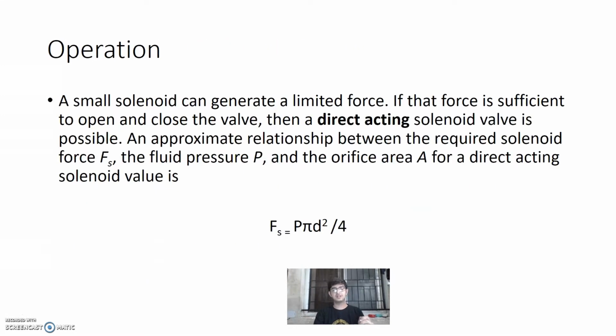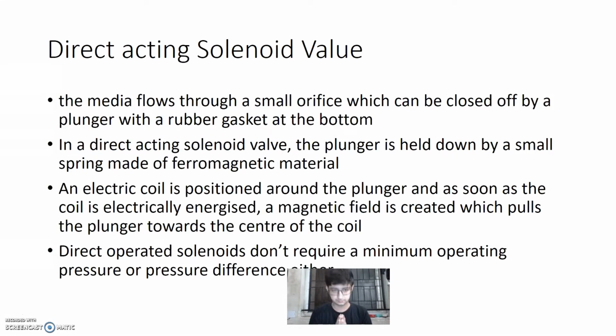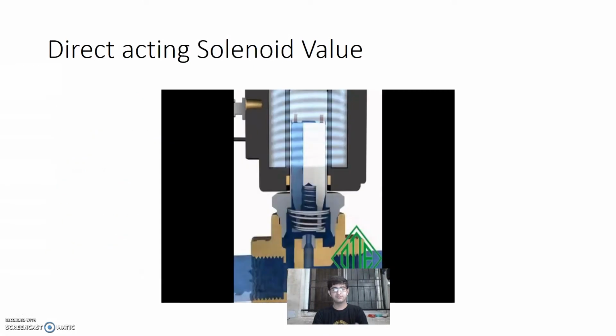Now let us come to the direct acting solenoid valve. What is a direct acting solenoid valve? Let us first of all see the figure. See, this is what the direct acting solenoid valve looks like. Right now the fluid is flowing through it. If you consider this in its idle condition, then it is called a normally open solenoid valve, right?